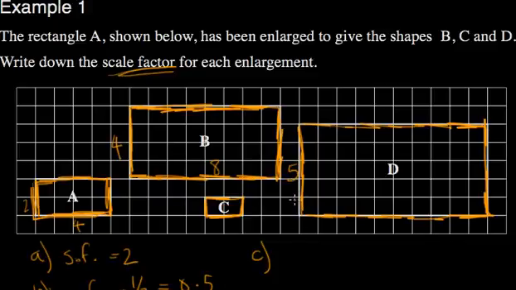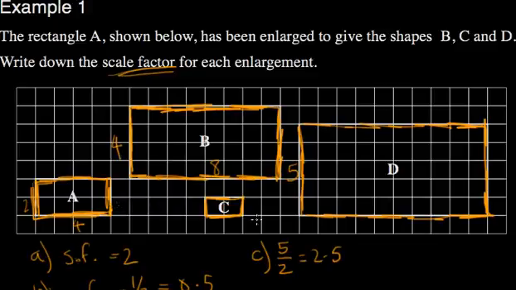Well, the scale factor could be worked out by taking the 5 here and dividing it by the 2. If we did 5 divided by 2, that tells us the scale factor would be 2.5. The 2 has grown 2.5 times to make 5. And we can check this by checking the 4. If the 4 grows 2.5 times, 2 times would be 8, and then another half would make it 10.